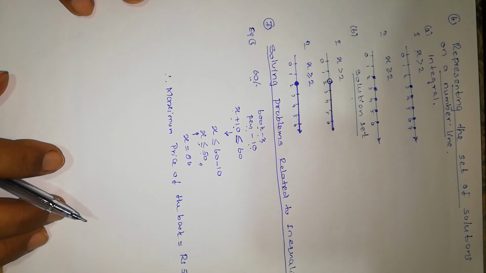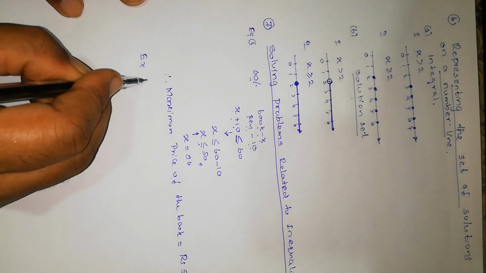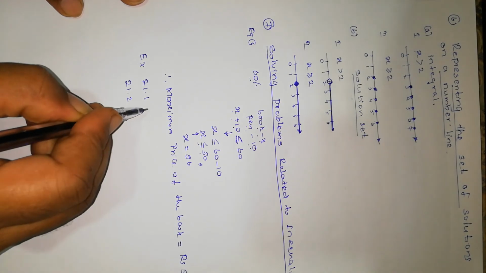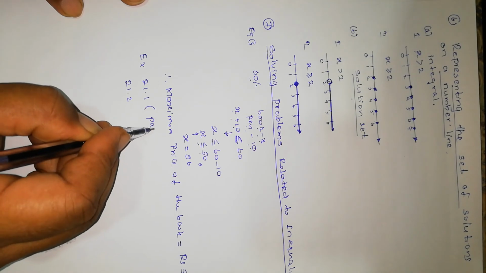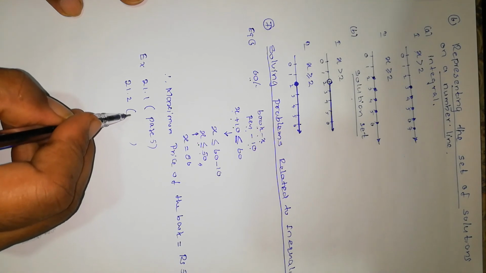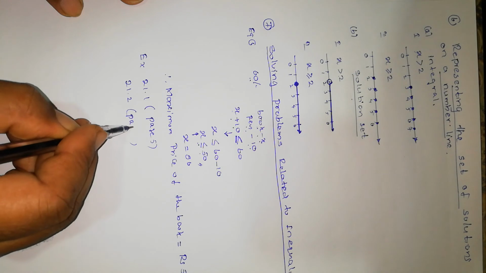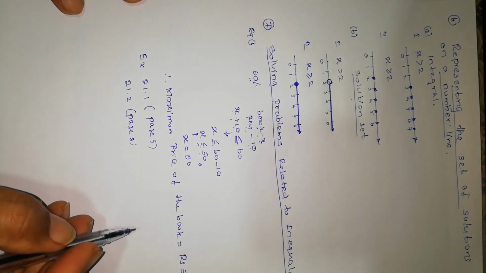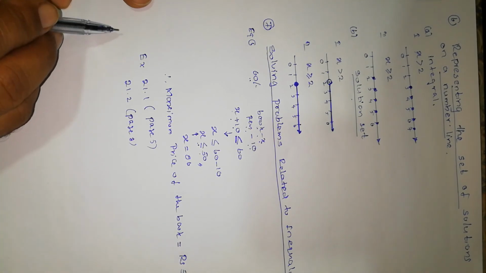But there are two more exercises: exercise 21.1 on page number 5 and exercise 21.2 on page number 8. You learn this lesson through this lesson video clip and do these two exercises, right?